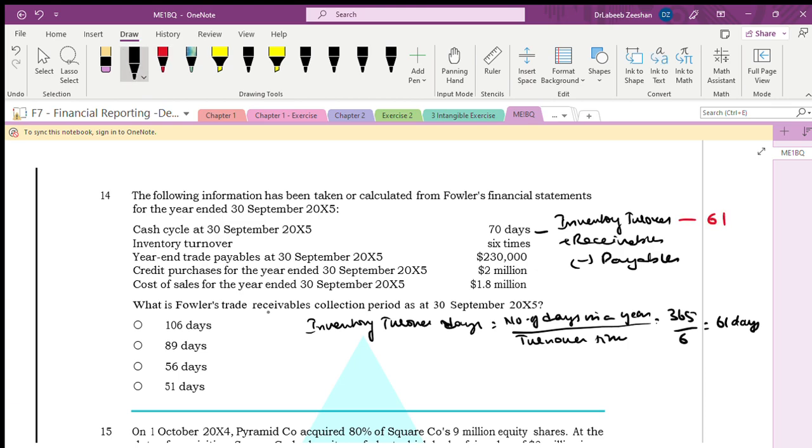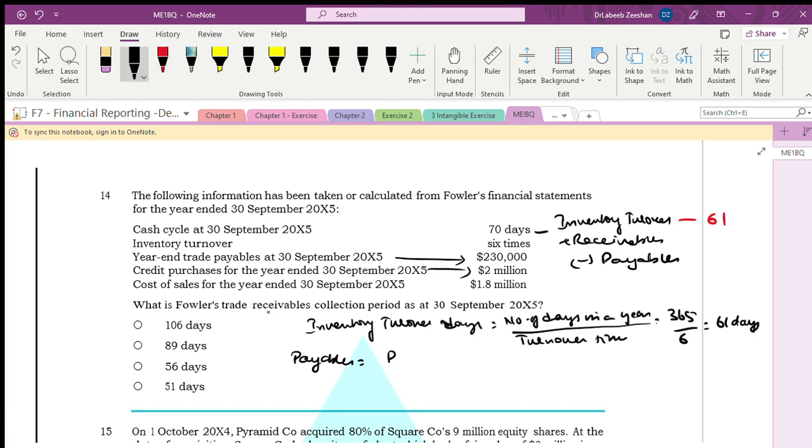Next. What is the payables? Payables are given, is it right? Payables are this much. Purchases is this much.